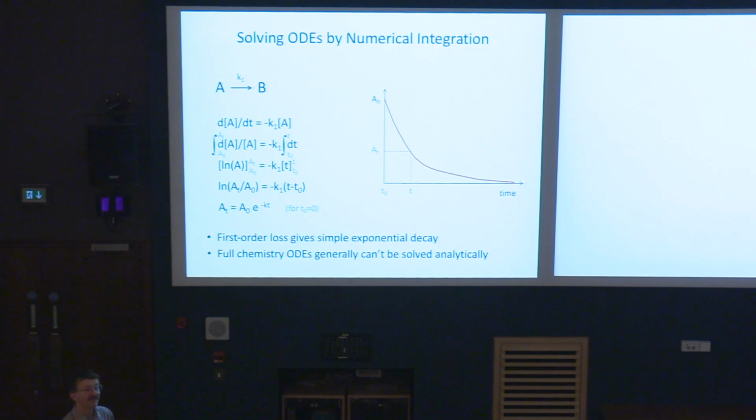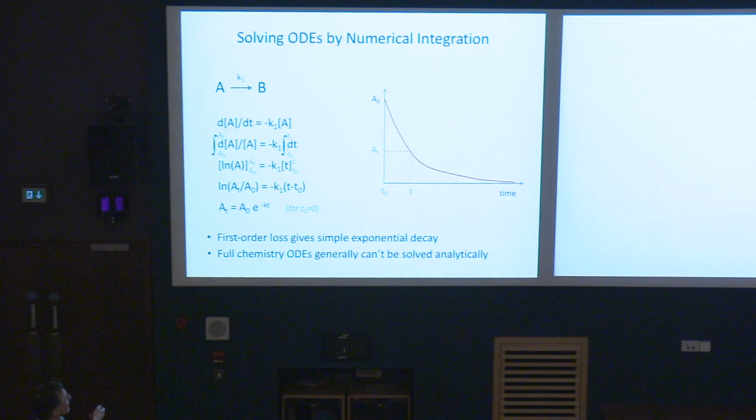So we can write down the rate of loss of this particular reactant A equals minus, because it's a loss, k the rate constant, times A the concentration of the reactant. And we can integrate that analytically. It's very straightforward. Simply rearrange this, so it's the integral of 1 over A dA, and the integral on this side of k is a constant, 1 dt. So we come out with a log term on this side.